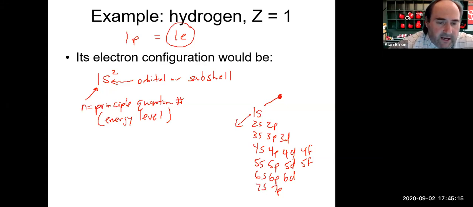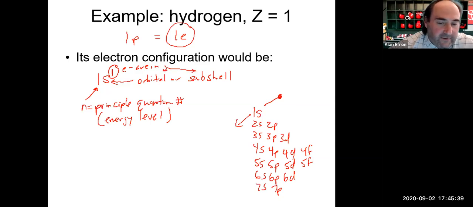And the number on top should not be a 2, I'm going to erase that. I'm sorry about that. That should actually be a 1. Got ahead of myself there. It should be 1 on top because it only has 1 electron. So it should be 1s1, and that is how many electrons are in the orbital or subshell.